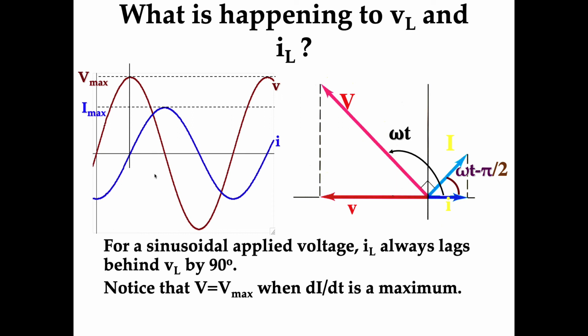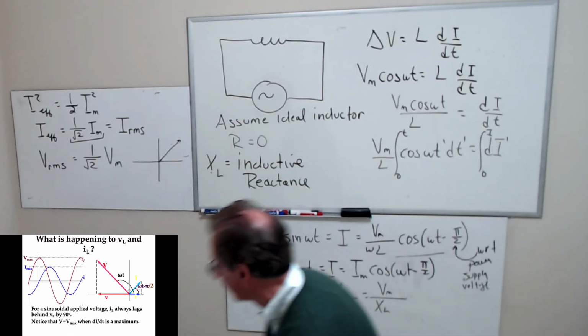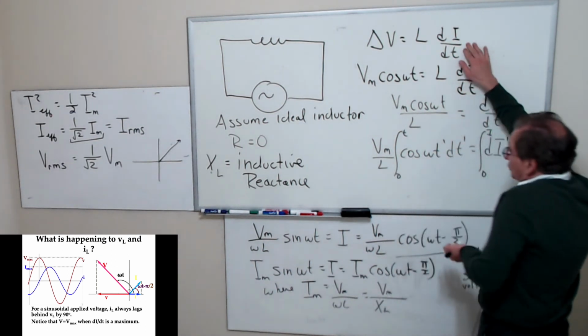Why does this happen? Well, because delta V is L di/dt. The voltage across the inductor depends on the derivative of the current. Does that make sense? From Faraday's law. Because what's the derivative of a cosine?